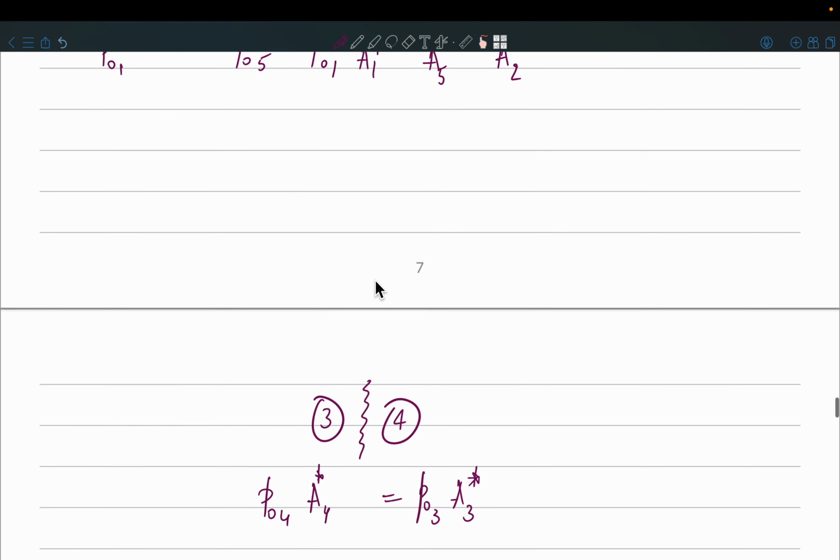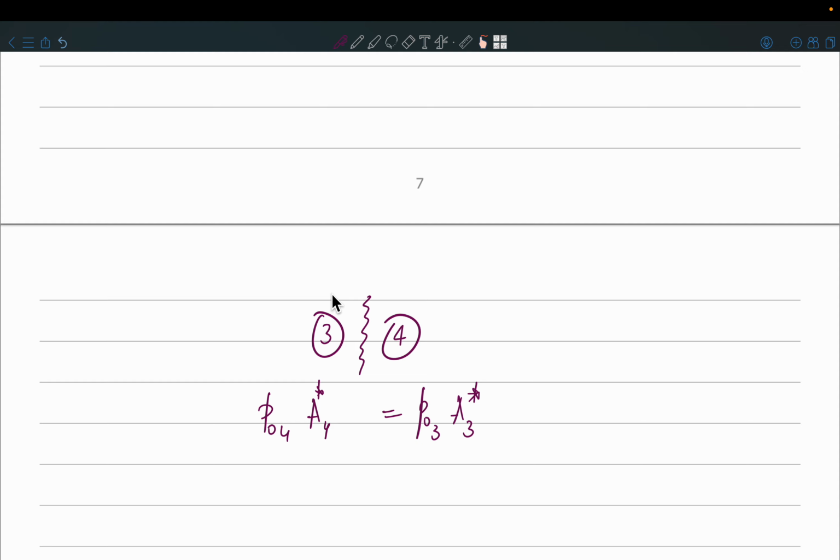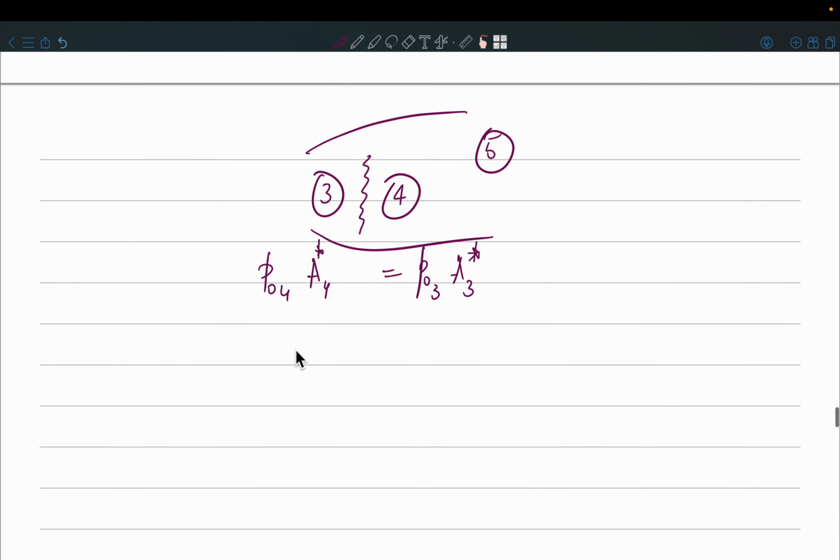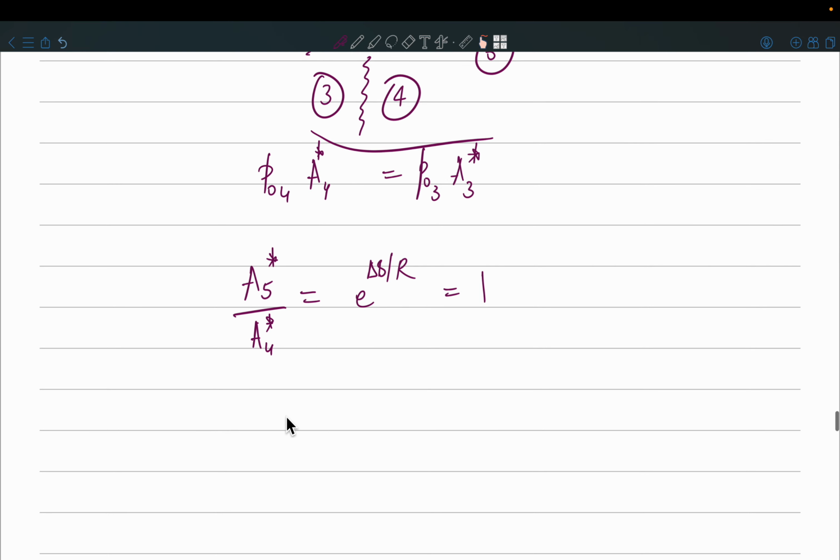So if I apply this equation, now we had an exit, and at that exit was section 5. So between 5 to 4, if I have to apply A5 star by A4 star, that is equal to E power delta S by R, but the flow is isentropic from 4 to 5. So this is 1, you know, and then the next thing I can do is from 1 to 3.